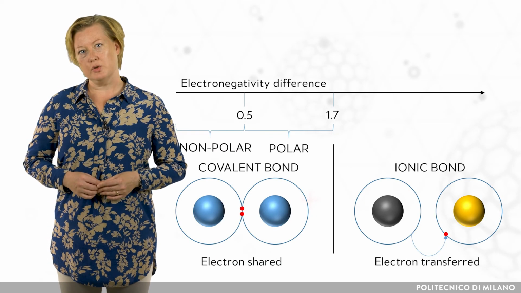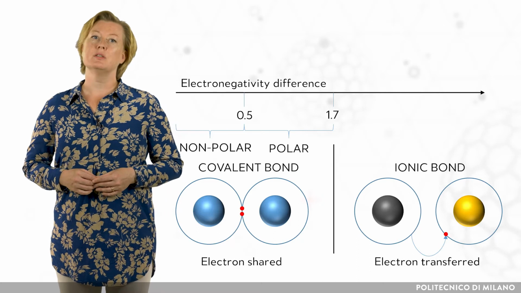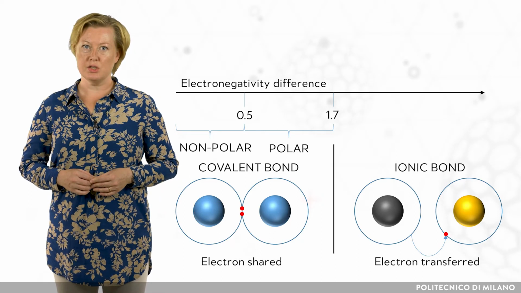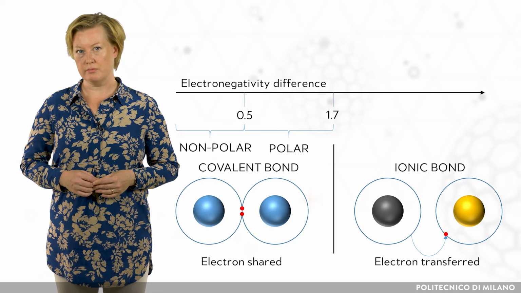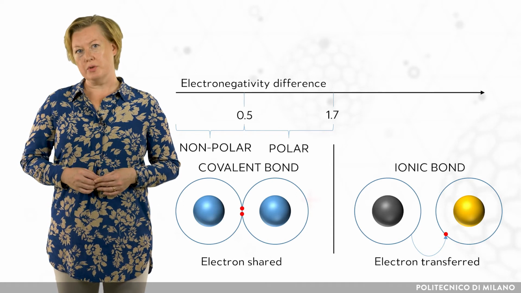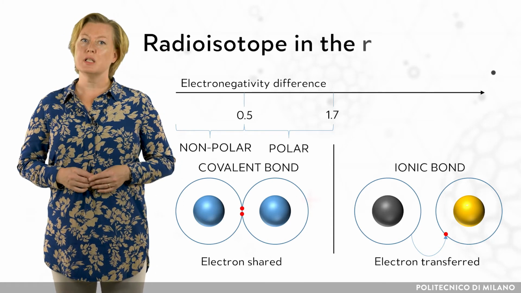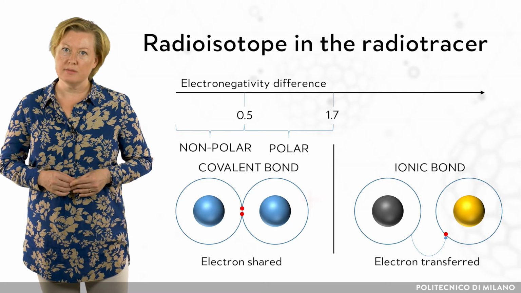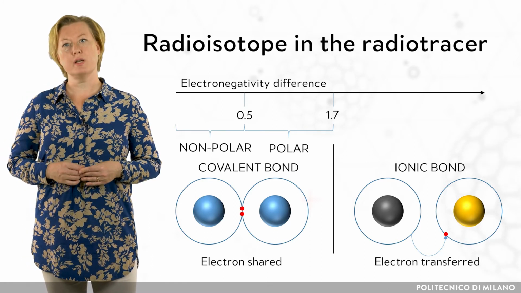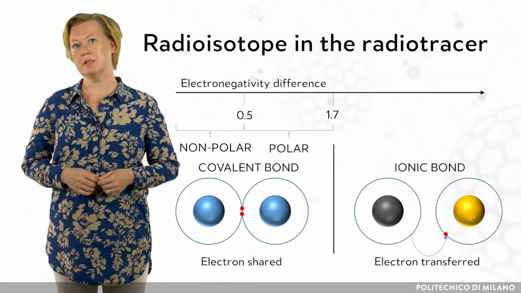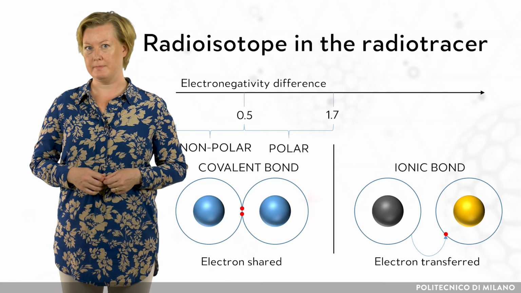The radioisotope is chemically bonded to a pharmacologically active agent to form the radiotracer. The type of bond, covalent or ionic, depends on the electronegativity difference between the radioisotope and the element it forms the bond with.